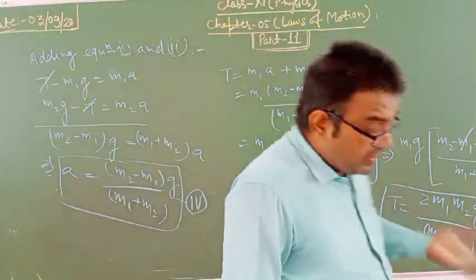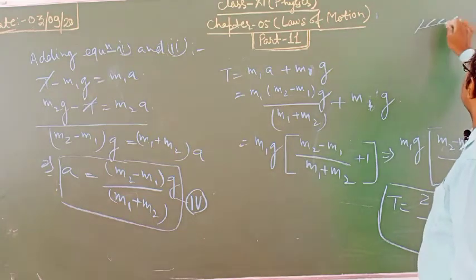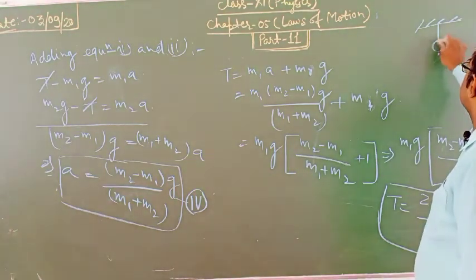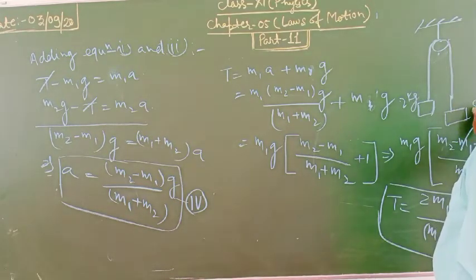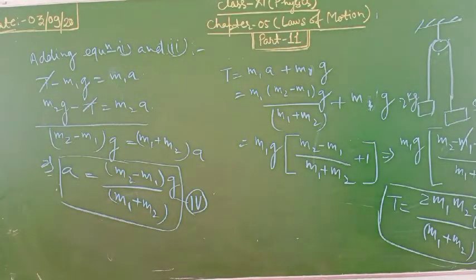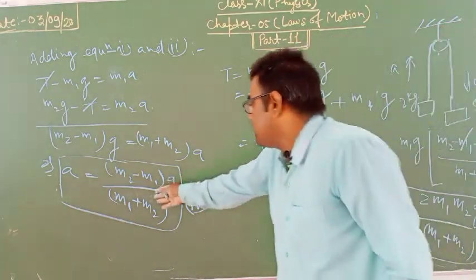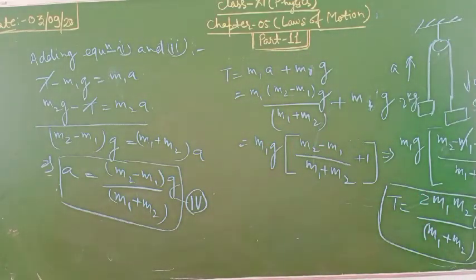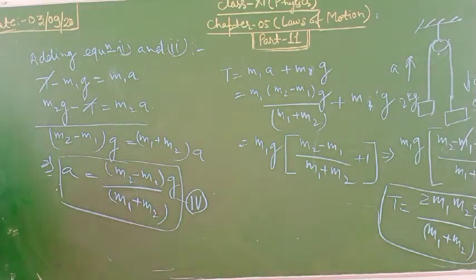If such a problem with data is given in the examination, suppose this is a pulley system, and it is given that here is 2 kg and here is 5 kg, and the question asks to find the tension produced in the string and the acceleration of the block, then you can directly put the values in the given formula and calculate the acceleration and the tension produced in the string. So this is a good question, students.